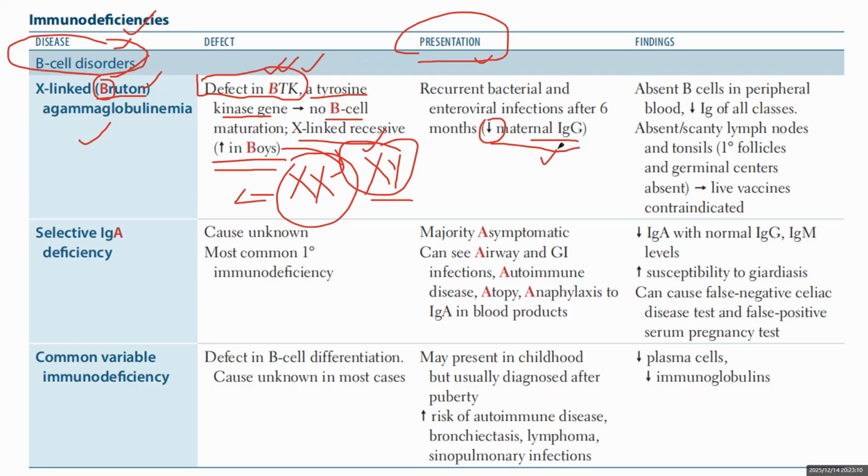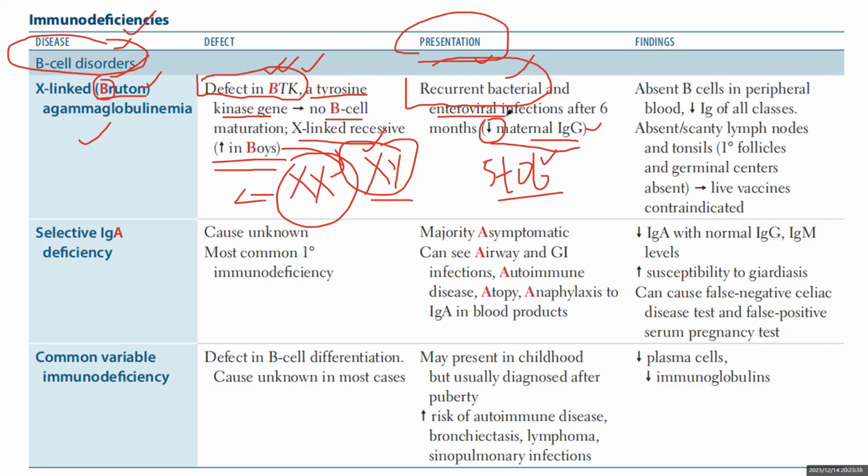When the maternal IgG starts declining, usually after 5 to 6 months, we suddenly observe recurrent bacterial or enteroviral infections. This timing is very characteristic and gives you a strong diagnostic clue.